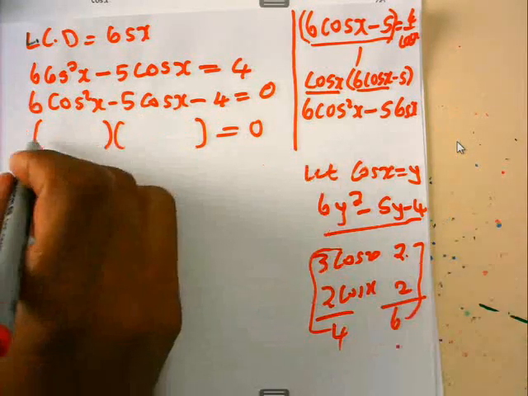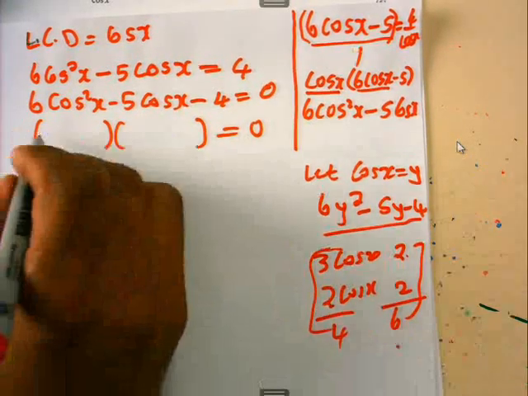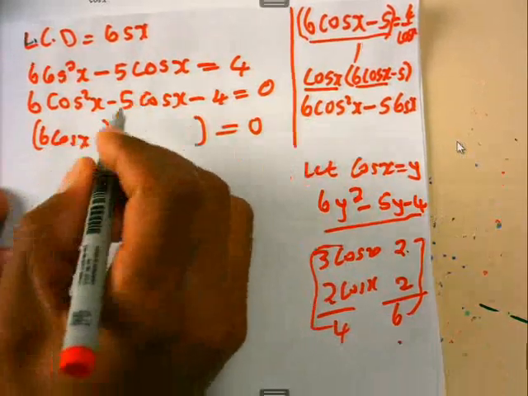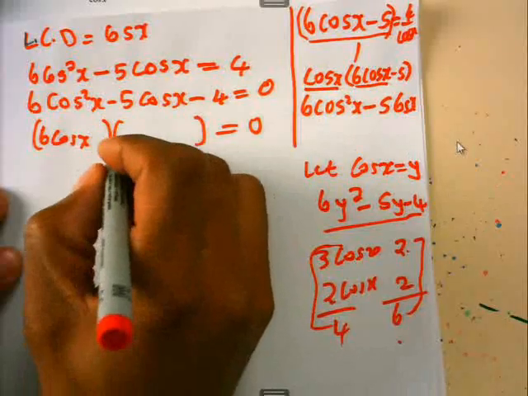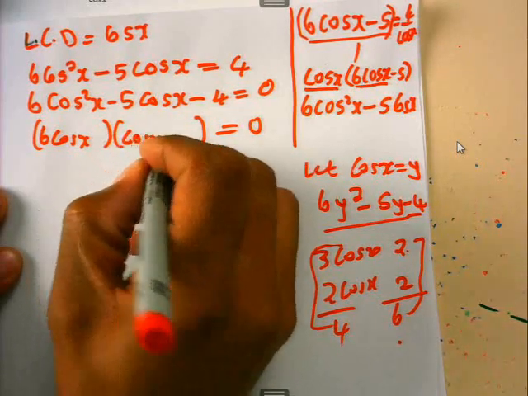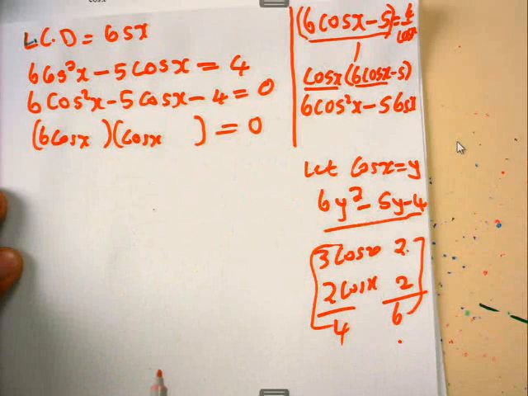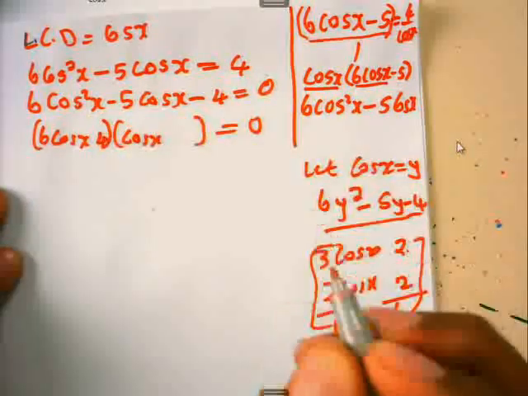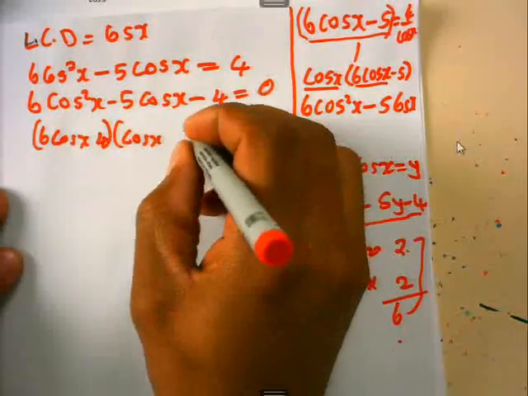Of course, now we have 6 cos x multiplied by cos x on this side. And the other one will be 4 on this side, and also we have 1.